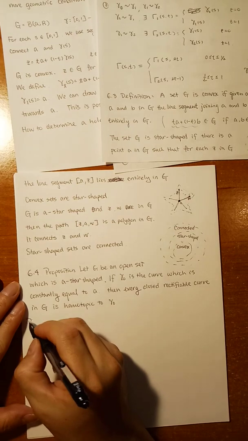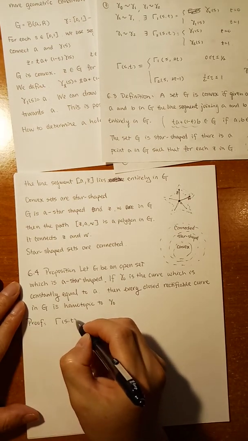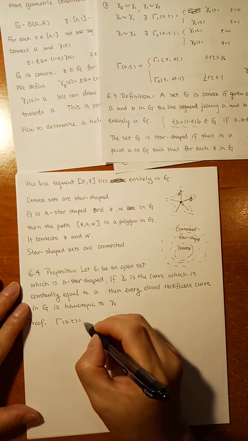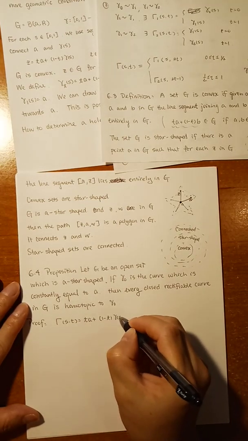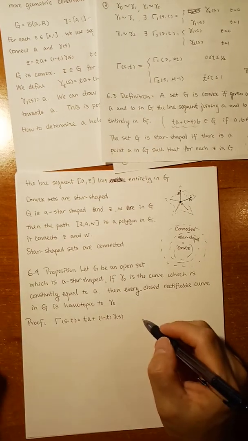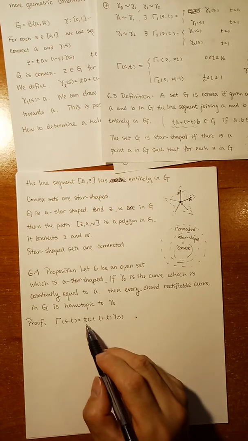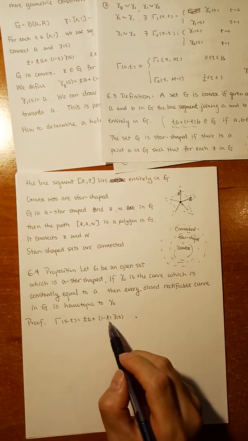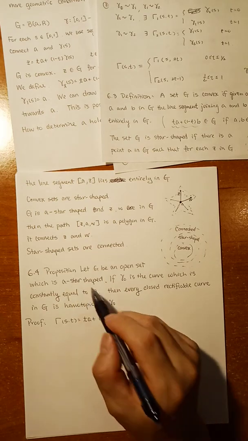So the proof. Just define gamma st to be tA plus 1 minus t little gamma s, and that's it. And here, this whole combination belongs to G because it's A star shaped.